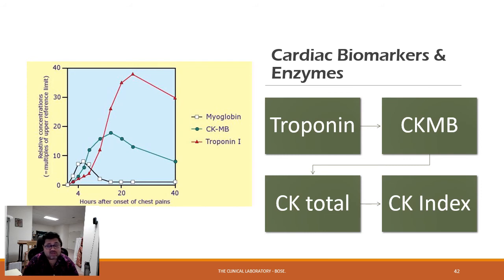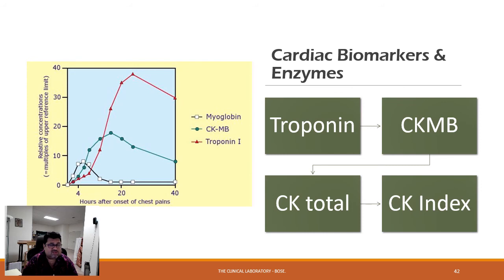The third form of troponin is more related to muscle, troponin M. So M for muscle, and troponin M does not tell you whether it is coming from the heart. In fact, it is not coming from the heart. So if troponin M is increased, it does not indicate heart damage, but it may indicate damage to skeletal muscle.